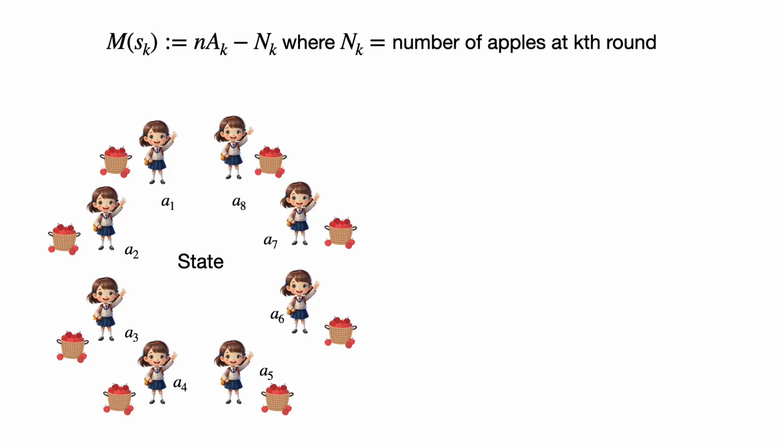Let's go back and check what happens to the total number of apples. Remember that the teacher takes 1 apple away but gives out 2 apples. So the total number of apples increases by 1 every round. Alright, so we are going to show that the total apple envy strictly reduces every round. To do this, we are going to break the problem into 2 cases. One in which the maximum number of apples does not change, it remains the same, and the other case in which the maximum number of apples changes.